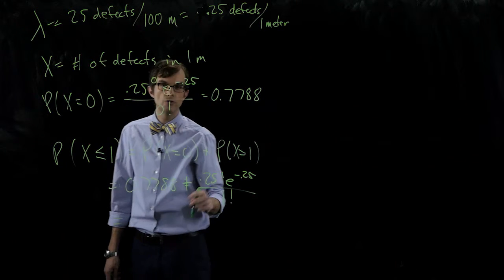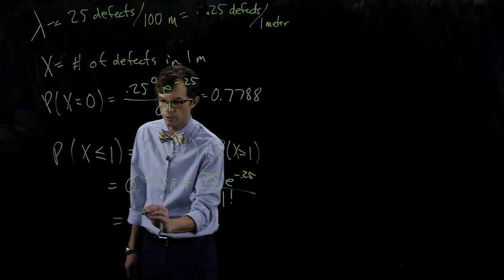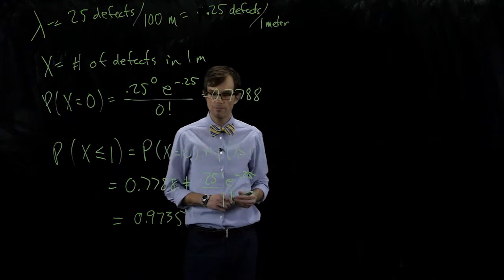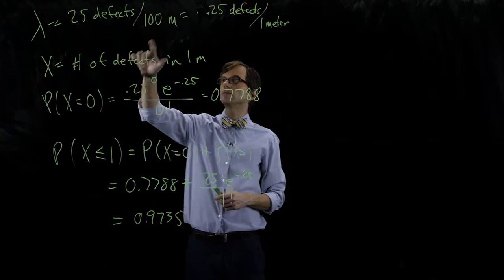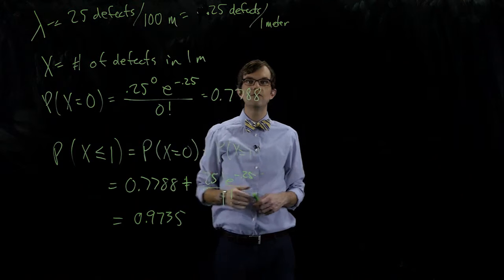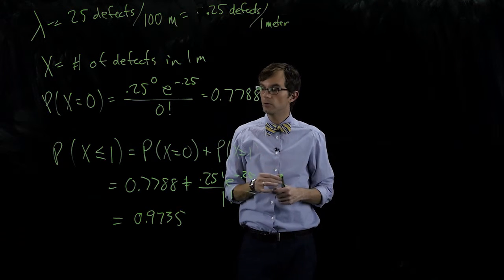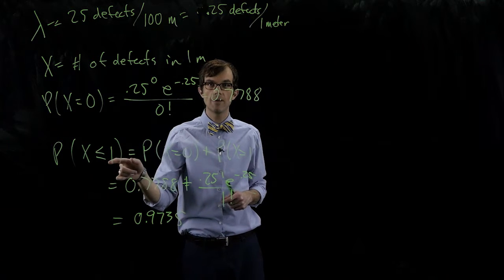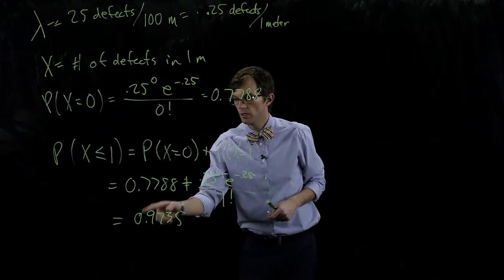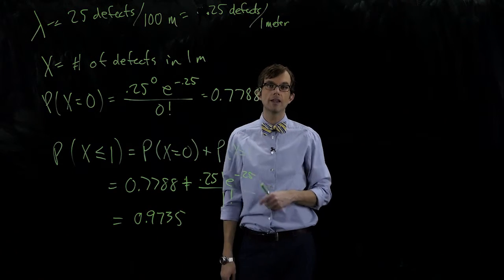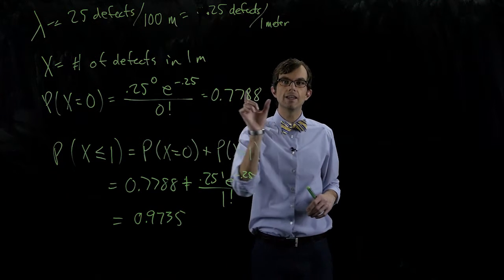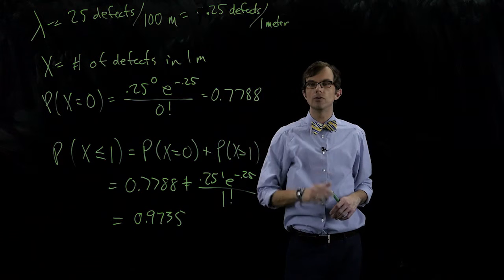If we add those two numbers together, we should get 0.9735. Okay, so given our original rate, on average we saw 25 defects in 100 meters of cable. What's the probability that we see 1 or fewer defects in 1 meter of cable? 0.9735. That is 97% of the time, we'll see fewer than one defect in any one randomly chosen meter of cable.